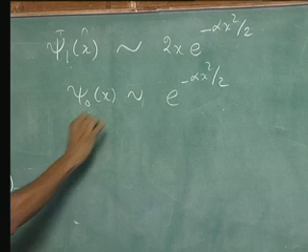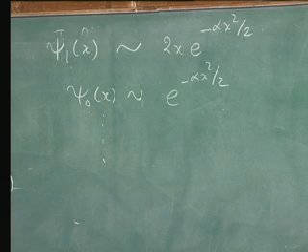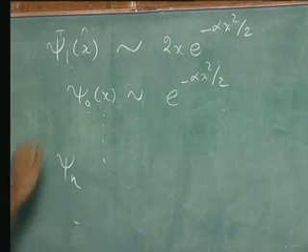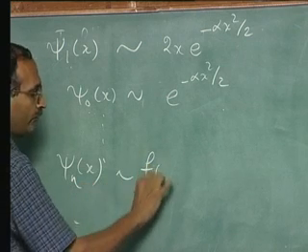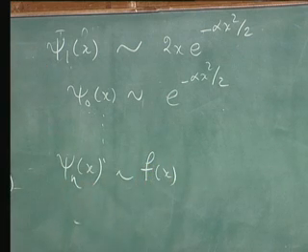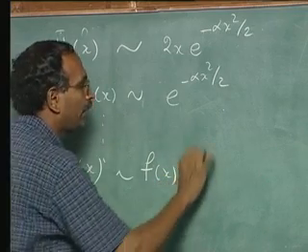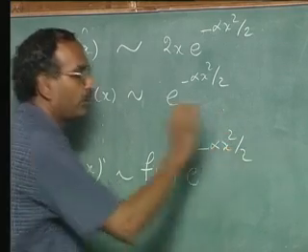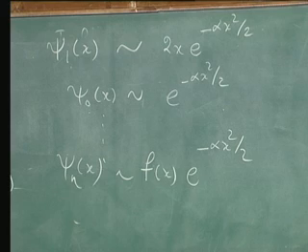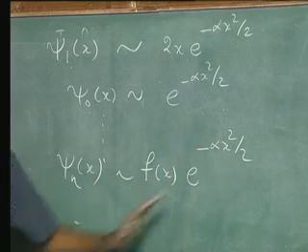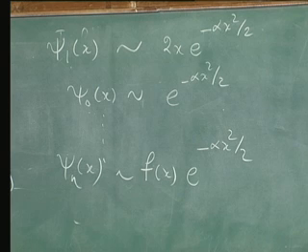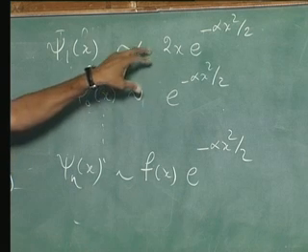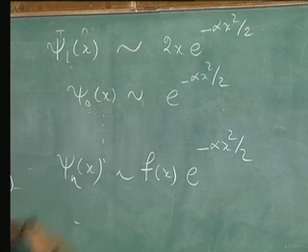In fact, the whole infinity of solutions psi n of x all have a polynomial of x to some order, multiplied by e to the minus alpha x square by 2. That turns out to be the harmonic oscillator solution. I am always writing a proportionality sign, not the exact form. There is a constant which you need to put in here. We will show that in a minute.